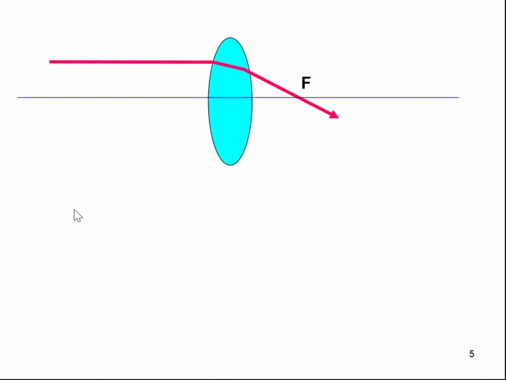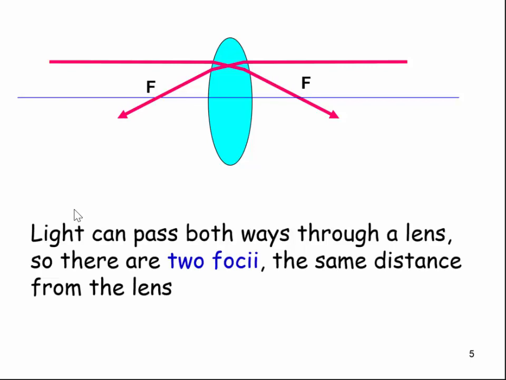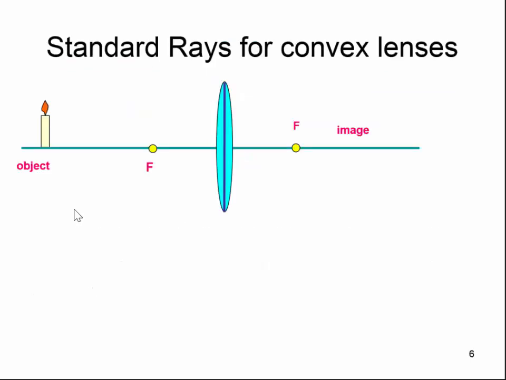Here's our convex lens again. It, of course, has two focal points, one on each side. So just some of the standard rays that we can draw for convex lenses to allow you to figure out where images will be for convex lenses and then for concave lenses.